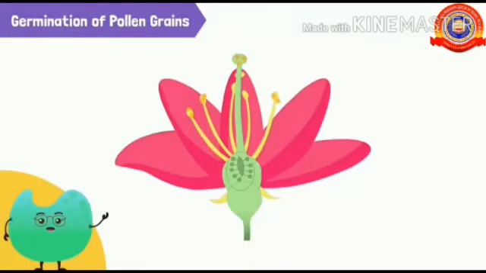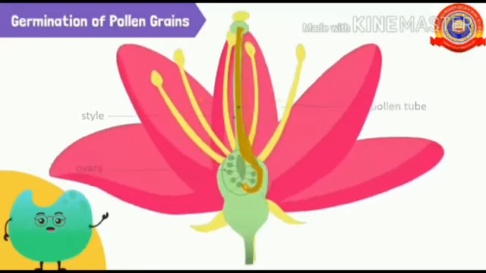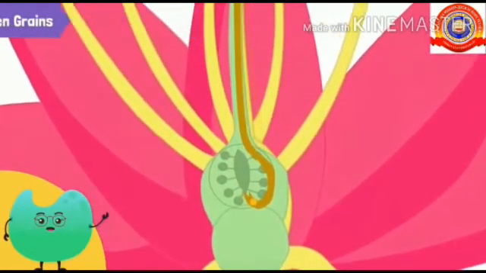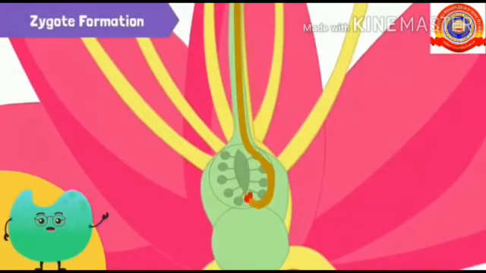The pollen grains go through the long pollen tube and enter the flower's ovary. Next, the pollen tube releases the male gamete inside the ovule and fusion takes place there and forms a zygote.